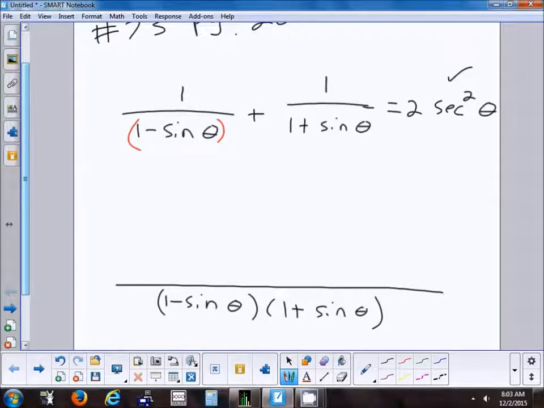So I'm going to multiply top and bottom by 1 plus sine. Now the fraction on the left has the common denominator, 1 minus sine times 1 plus sine. Now look at the fraction on the right. It's missing the 1 minus sine. So I'm going to multiply top and bottom by 1 minus sine.